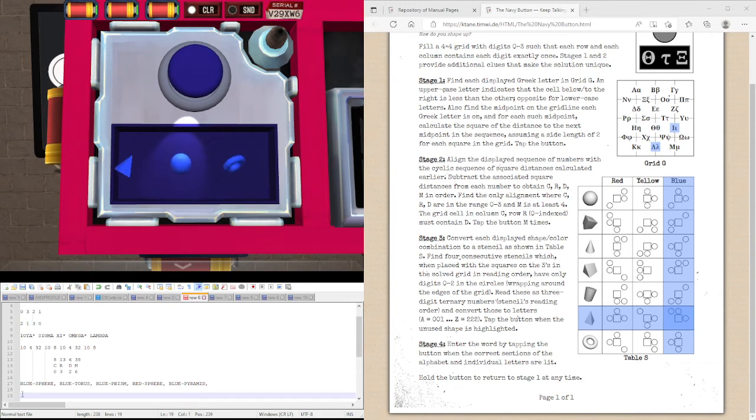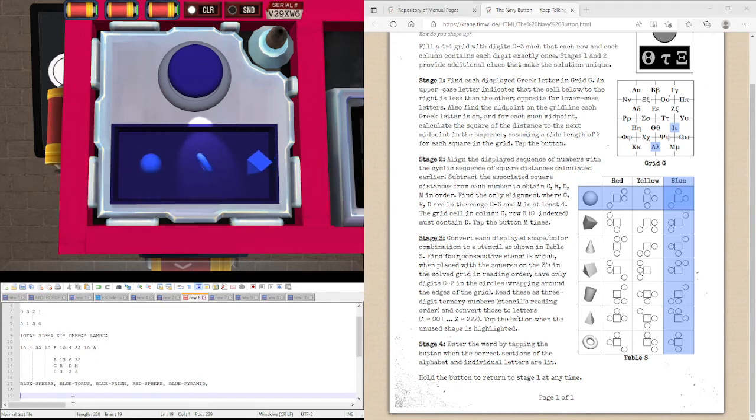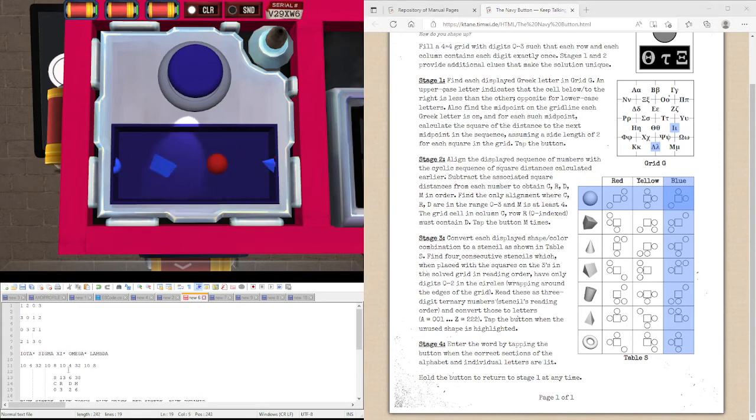Since the blue pyramid has screwed us over both times, maybe the blue pyramid is the decoy. So blue sphere first. Going up, we get 0. Going right, we get 1. 1. Going 0 and 1. Next one.